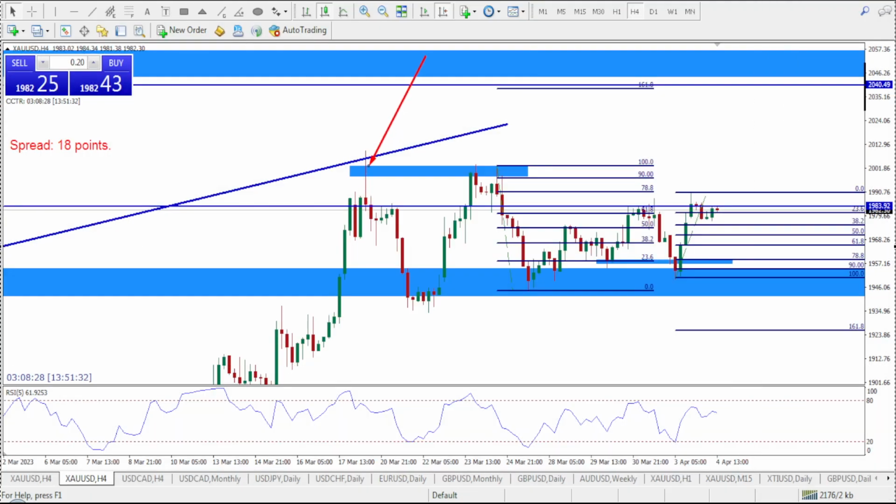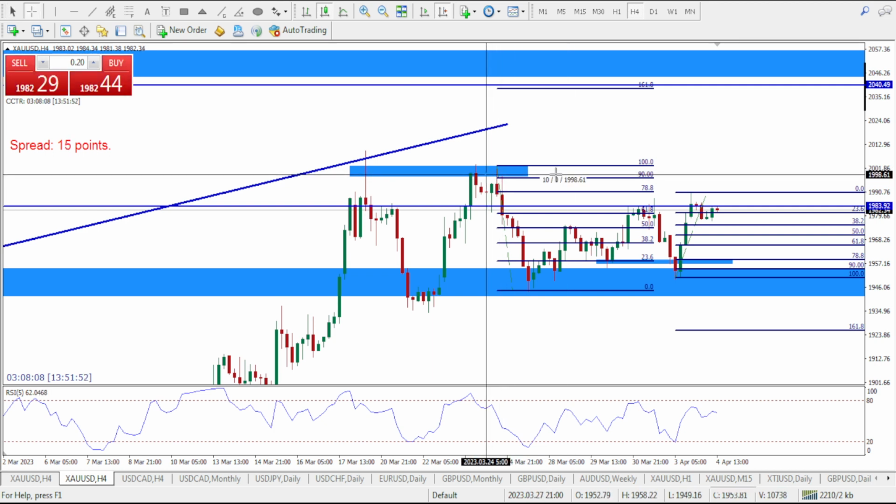See, initial retest, another retest, continuation, break below support, and zigzagging. Most of the market makers also know that most of the traders will take sell trades right here. So even if you want to take a sell, just put a nice stop loss for that, and that's fine.